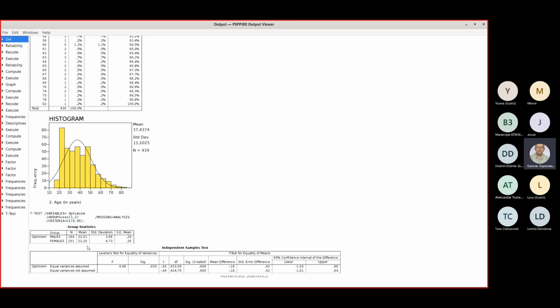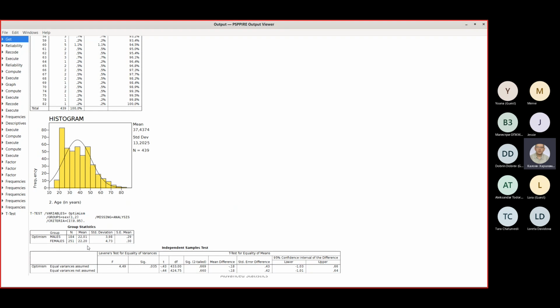In the opposite case, if this difference 0.2 is larger than the error, then we will say that this difference is statistically significant, and then we will accept the alternative hypothesis.